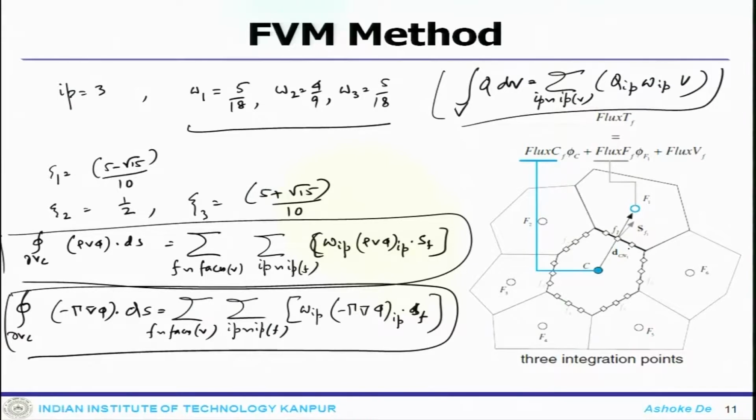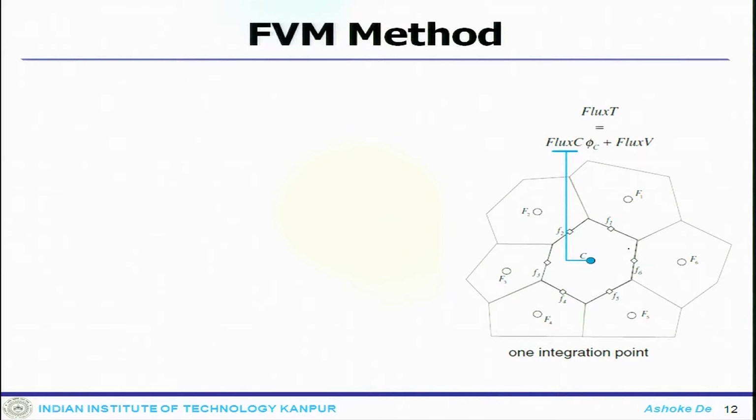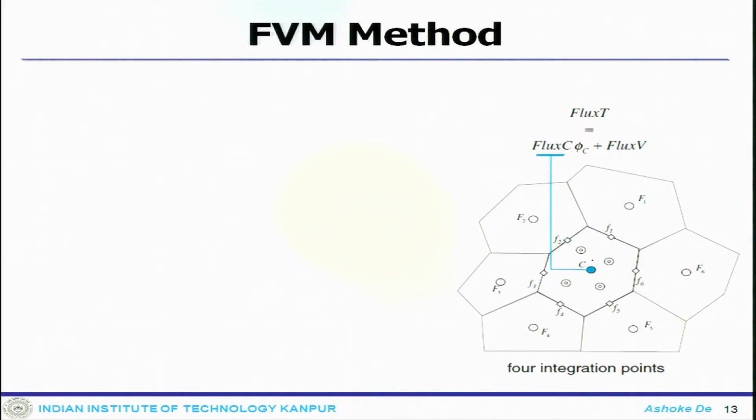Now, similarly you can get the volume integration points, with one integration point. Basically the volume integration of the source term. Here you could have 1 point, or 4 integration points. In the other case you had the points along the surface. Now, when you try to get the volume integration, you need multiple points inside the element of the volume.